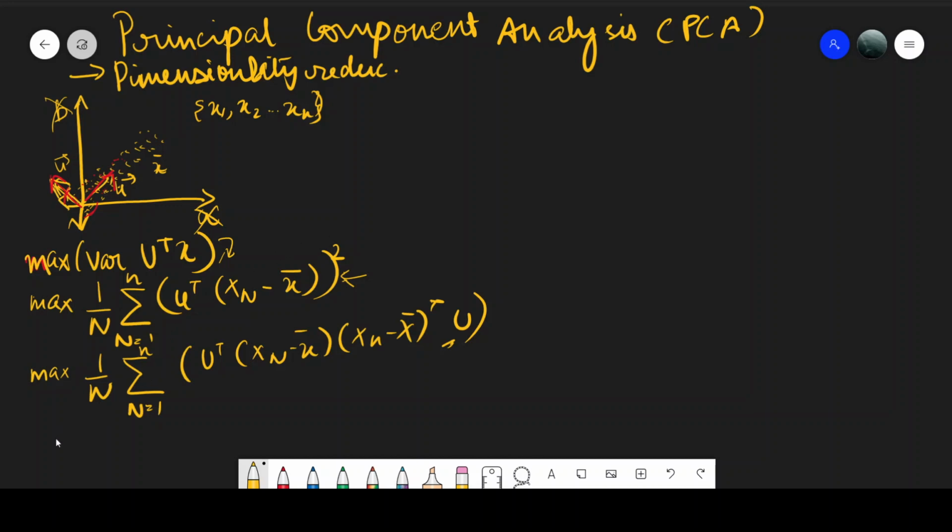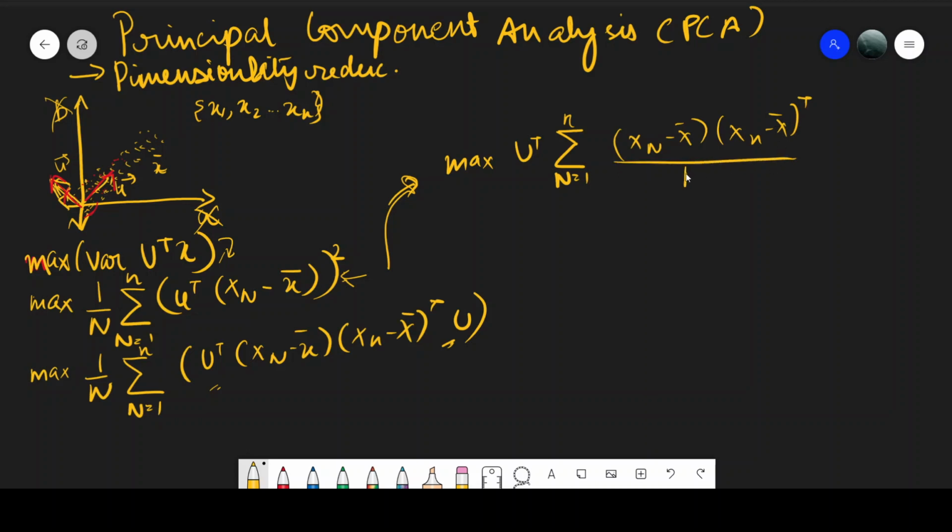So again, now I'm going to move things around a little bit in here, and I'm going to write it like this. I'll write it as maximize U transpose, sigma n equals 1 to n, (x_n minus x bar) into (x_n minus x bar) transpose, by whole upon n, into U. I just brought the n from outside, inside over here.